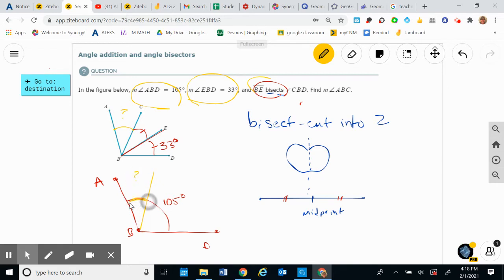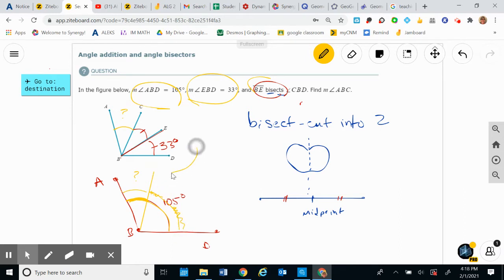Well, you can see that ABC is going to be 105 minus this angle, right? So if the whole thing is 105, this piece right here plus this piece equals 105, right? So following that logic, what do we need to know? We need to know this chunk.